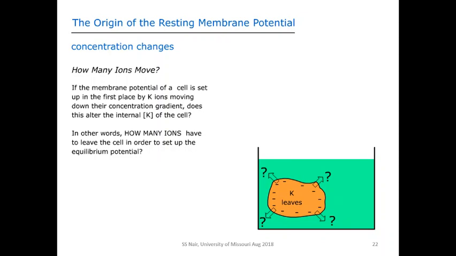How many ions have to move to maintain that concentration gradient for potassium in this case? So if the membrane potential of a cell is set in the first place by potassium ions moving down the concentration gradient, does this alter the internal potassium concentration? In other words, how many ions have to leave the cell in order to set up the equilibrium potential?